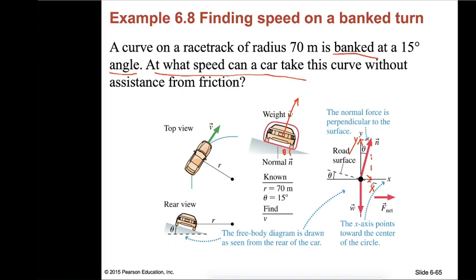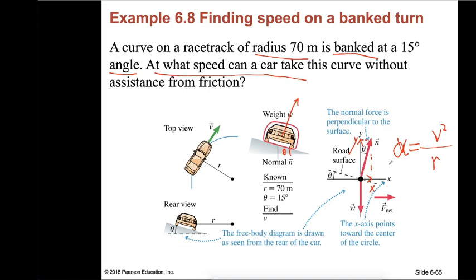Still, we know the radius is 70, and a equals v squared over r.